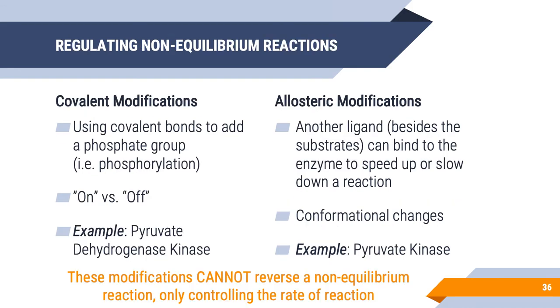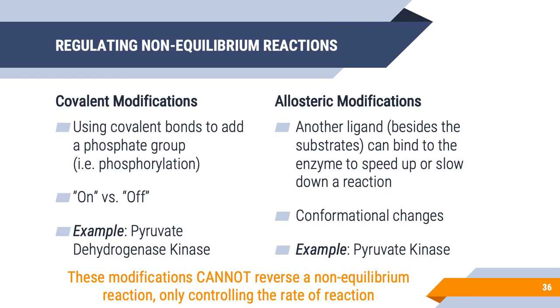So now we need to talk about the regulation of non-equilibrium reactions. These non-equilibrium reactions can have two major forms of modification. First is covalent modification, where we can add a phosphate group. Phosphorylation is the event that's occurring, which can either turn on or turn off that enzyme.